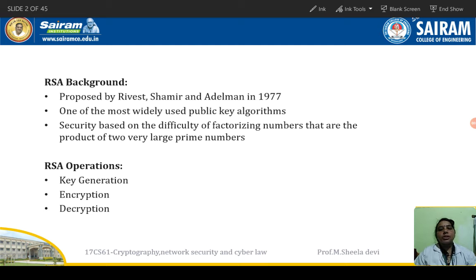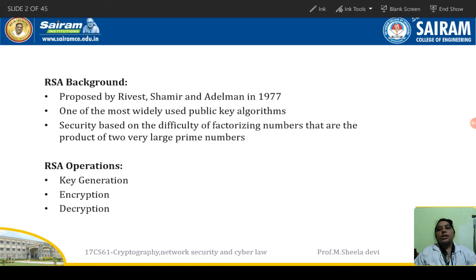If the sender has encrypted the message with the public key of the receiver, then the receiver should decrypt the message with the private key of the receiver. This is nothing but public key cryptography. Since it involves two different keys, that is private and public key, it is called public key cryptography.